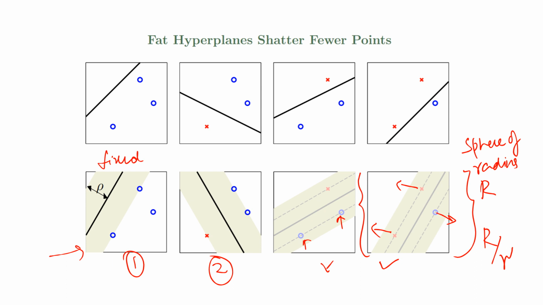So we can infer that this ratio will play an important role in determining whether we can separate the data or not. And it turns out that the VC dimension, which is the maximum number of data points that can be shattered by a hypothesis, has some relationship with this ratio. That relationship is a theorem. So let me first state the theorem and try to understand the intuition behind it.